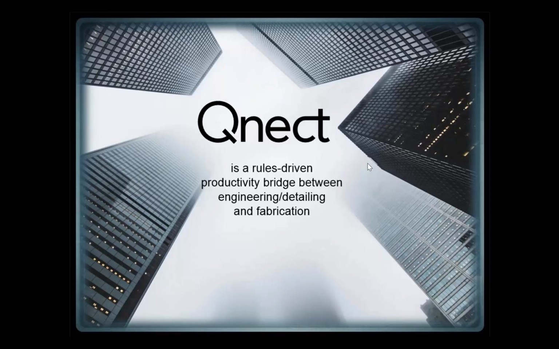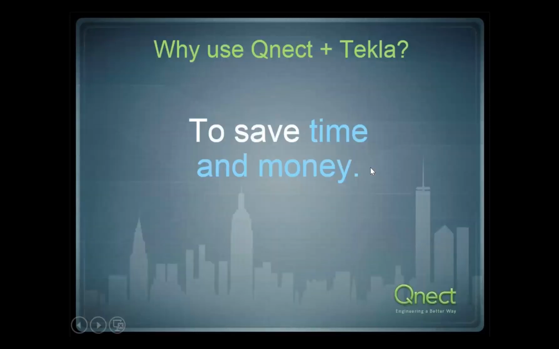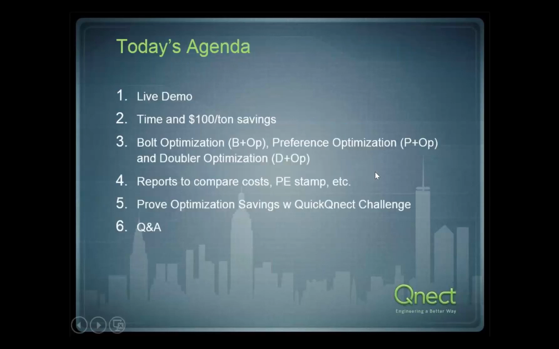So we're giving you the ability to do this many times and do optimizations so you save time and money, while we bridge the gap between engineering, detailing, and fabrication. Why should you use Qnect and Tekla? This is where you are going to save time and save money between the two products.